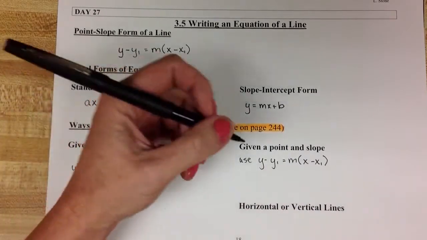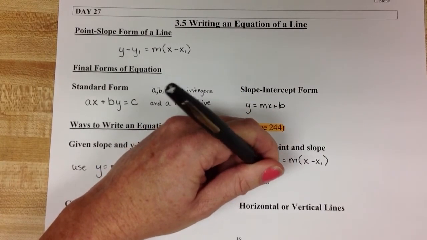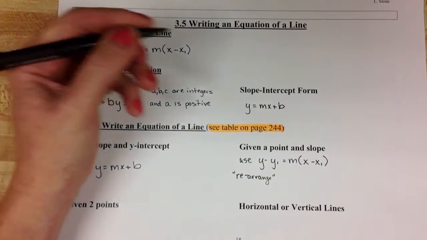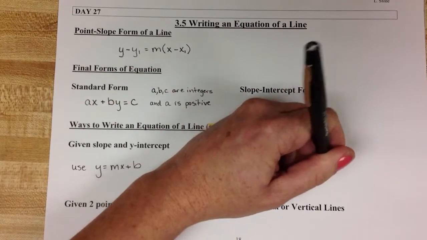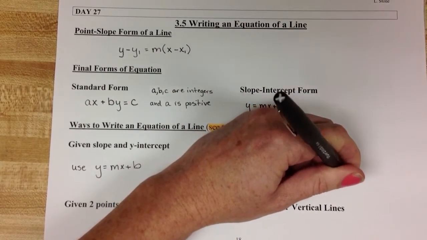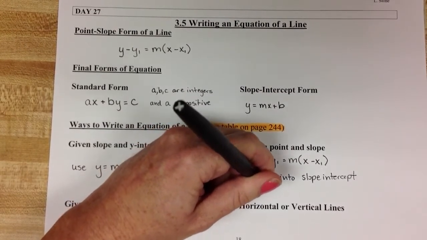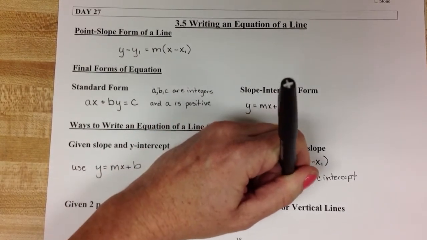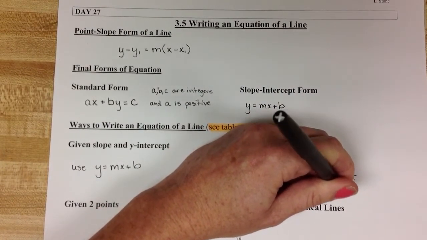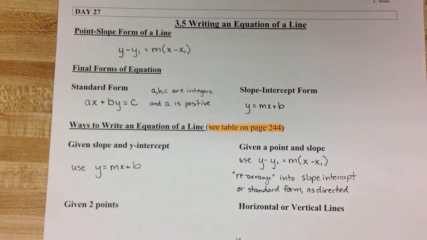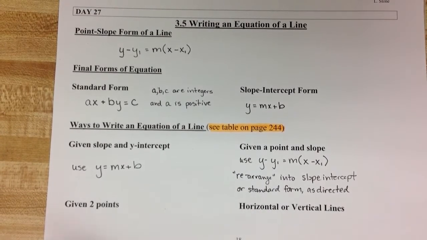And then you'll rearrange it into slope-intercept or standard form as directed. So depending on what the directions ask the final form to be, you can put in a point and a slope there and rearrange it.